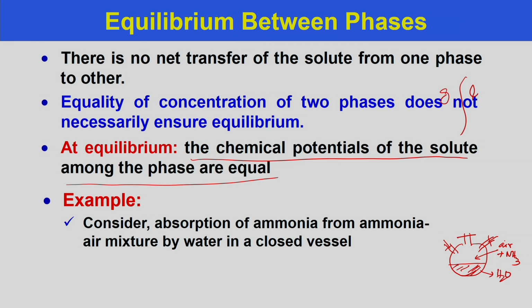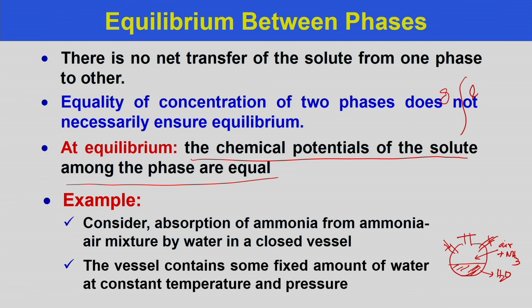The vessel contains some fixed amount of water at constant temperature and pressure. So, temperature and pressure are set at particular values and it is a closed container. Initially there was water and then we have inserted air and ammonia.